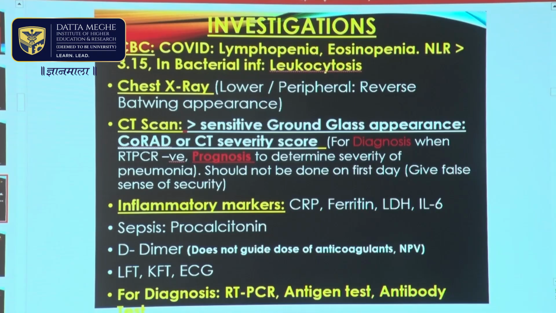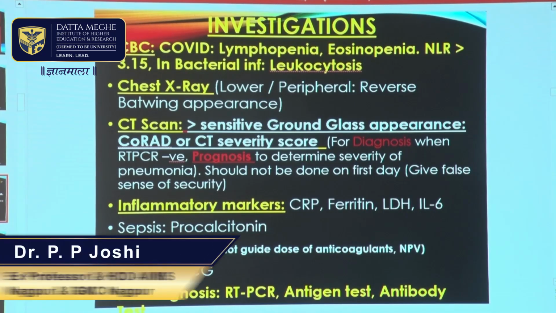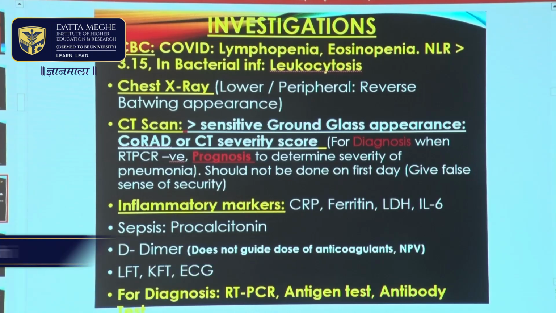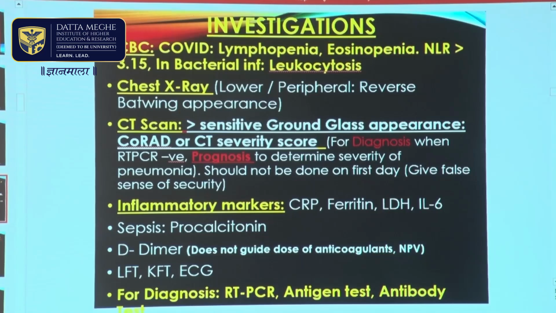For diagnosis, many times it was seen that RT-PCR would be negative and CT scan would show typical features of COVID. In that situation, a CT scan is so important, but it's important that CT scans are not done in the first week of fever, because the virus takes about 1 week to reach the lower respiratory tract, and the CT scan would be abnormal only in the second week.